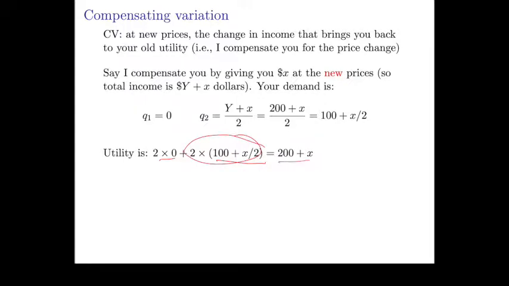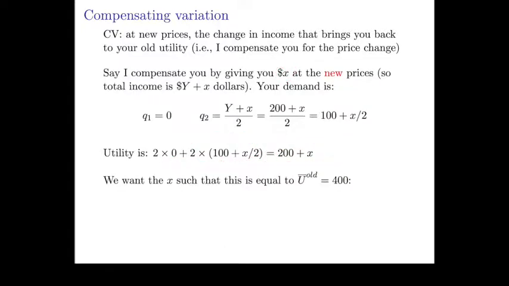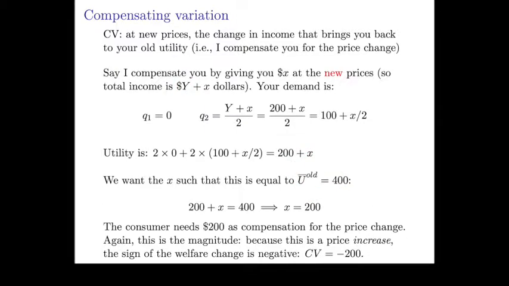So that's going to be 200 plus X. Now what we want is to figure out how much money I need to give you for your utility after I compensate you with X dollars at the new prices to be equal to your original utility. So remember, your original utility, when you had Y dollars, which is 200, and the old prices, was 400. So we're going to equate these things and solve for X.